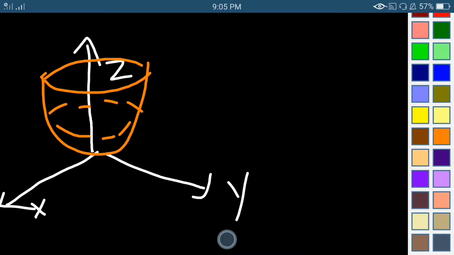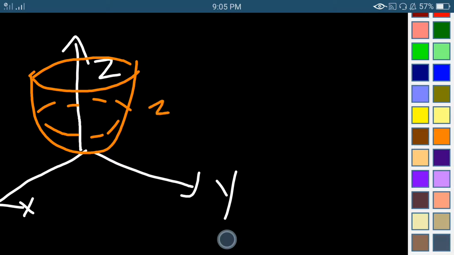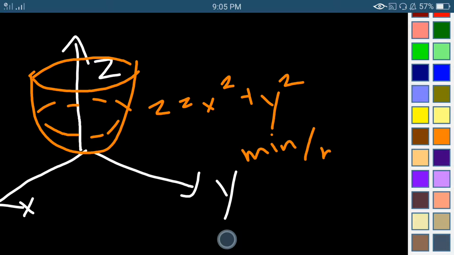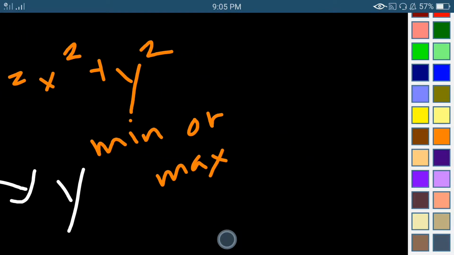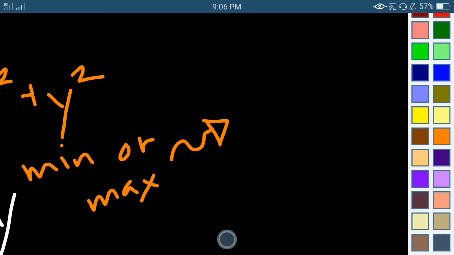Like it matters. Now, so we clearly know that z is equal to x squared plus y squared, and we know that the minimum or max is at the point 0, 0, 0.